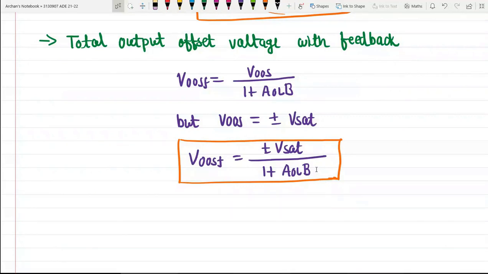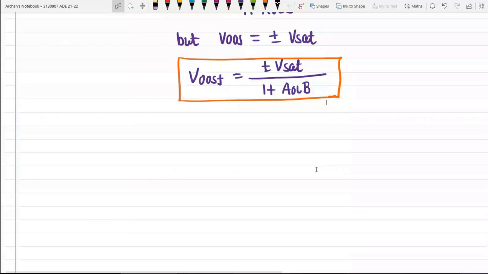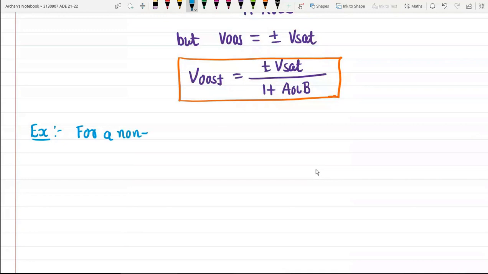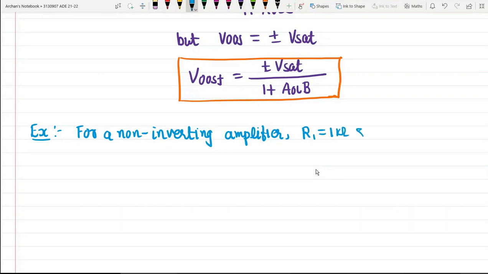Now let us have one simple example to consider this effect. We have been given a non-inverting amplifier. For this non-inverting amplifier, R1 is given as 1 kilo ohm and RF is given as 10 kilo ohm.